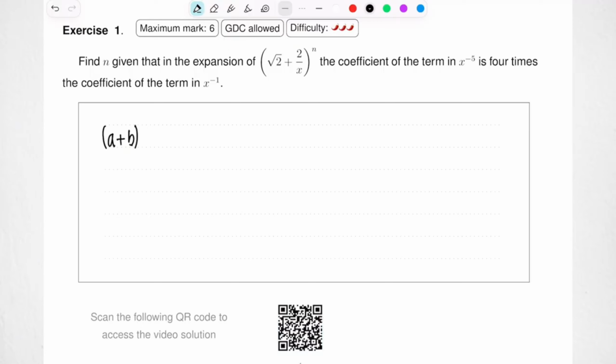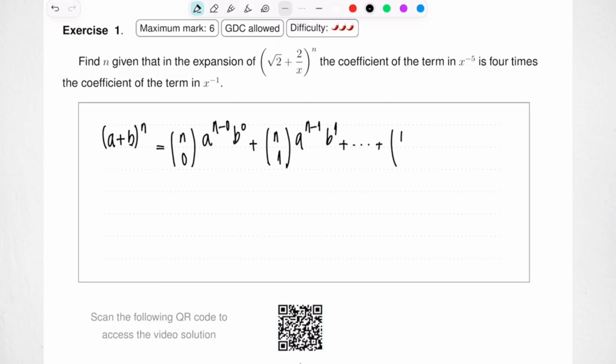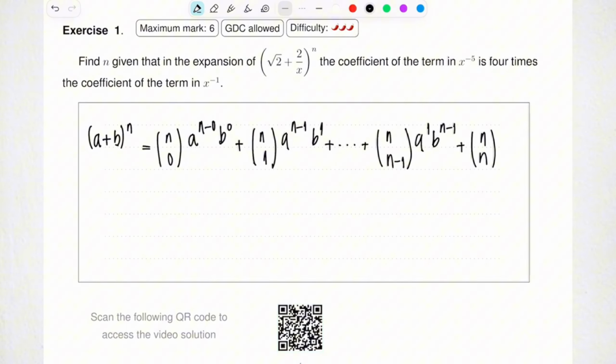Now, how do binomial expansions work? When you expand a plus b to the n, what you get is n choose 0, a to the n minus 0, b to the 0 plus n choose 1, a to the n minus 1, b to the first power, all the way up to n choose n minus 1, a to the first power, b to the n minus 1, plus n choose n, b to the n power times a to the 0, which is just 1.